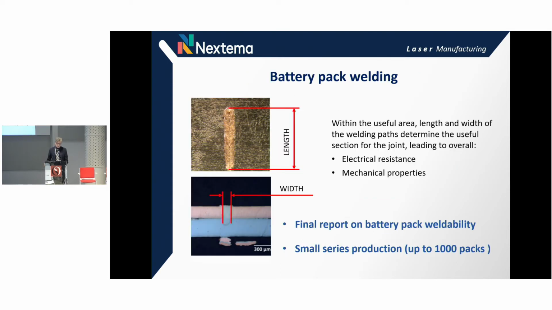So in this particular area, you are going to apply the strategy and produce some welding with length and width that are going to define the final resistance of the joint in terms of mechanical and electrical resistance also.